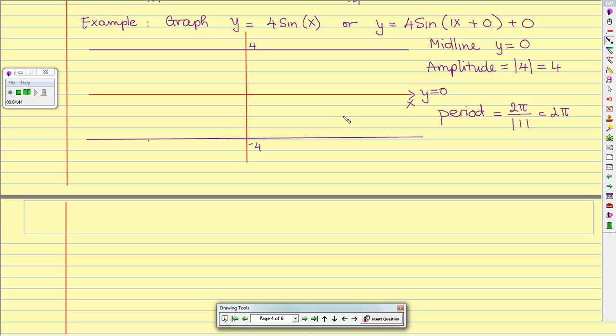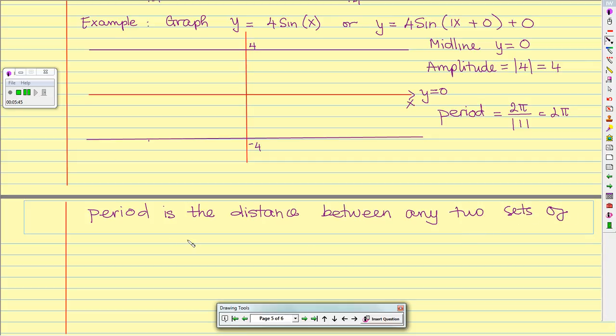In case you do not remember the definition of period, I'm going to write it right here for you again. Period is the distance between any two sets of repeating points.